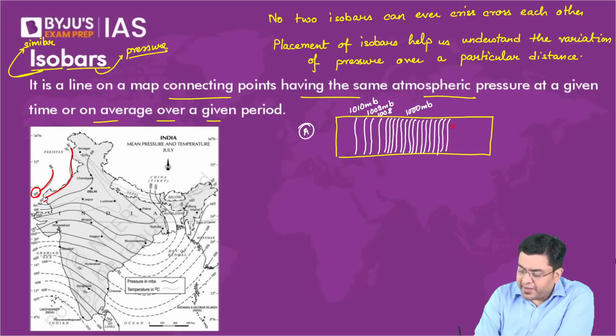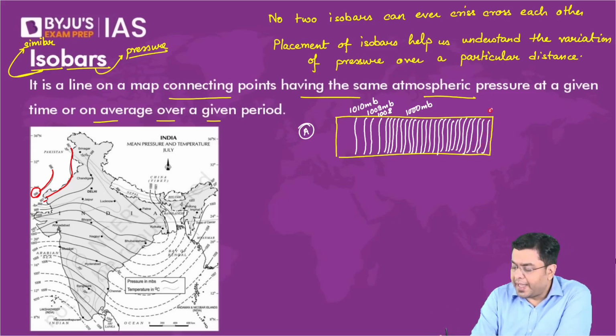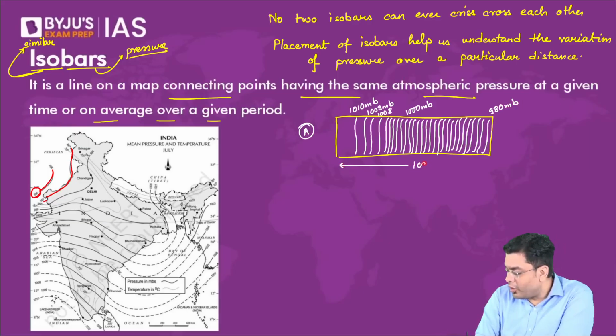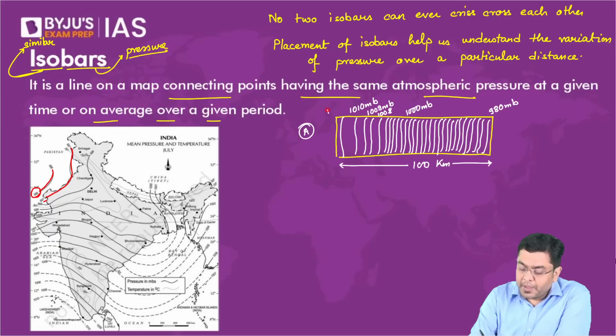Here the isobars are present very, very close to each other. Let's assume here you have a condition of 980 millibar. If this is a distance of 100 kilometers, it tells you that over 100 kilometers, the pressure has varied from 1011 millibar to around 980 millibar.